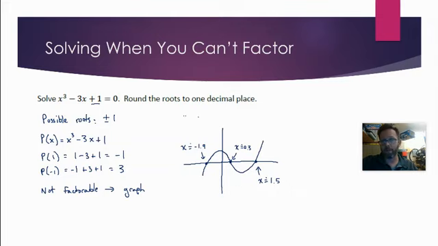Now, I will say there actually is a method to find the roots of a cubic equation. I did not learn that method until I was taking a third year complex analysis course at the University of Waterloo. So that might be a bit down the road for you. Methods do exist, but for us, we're just going to rely on technology if we can't factor.